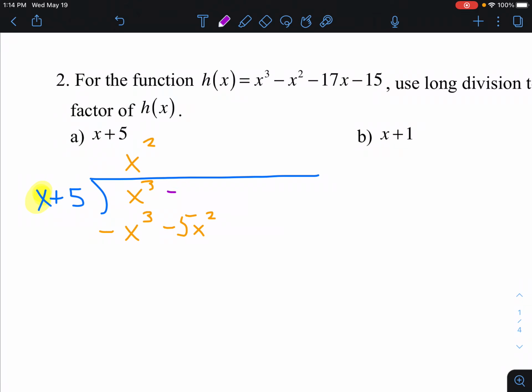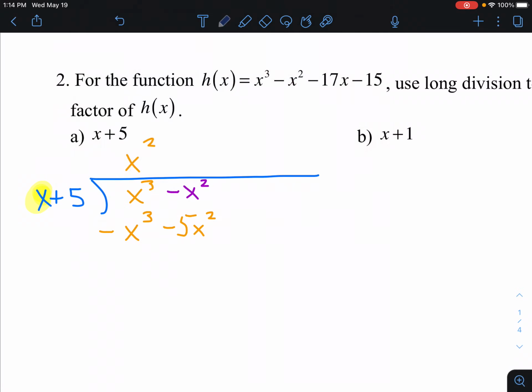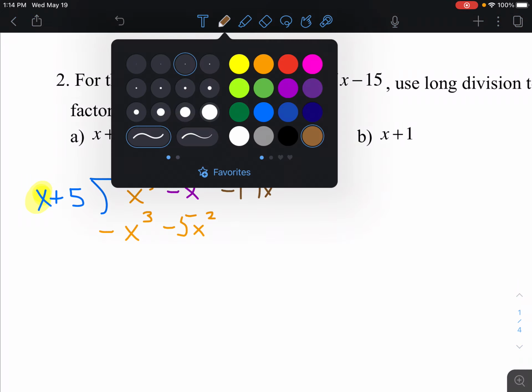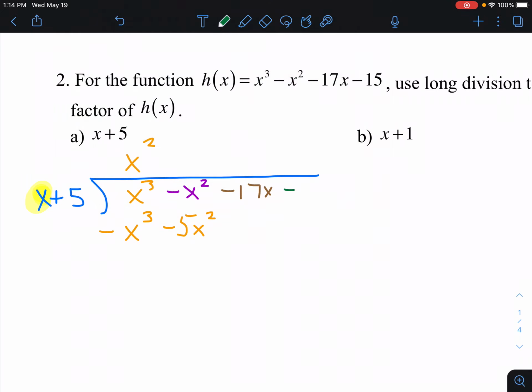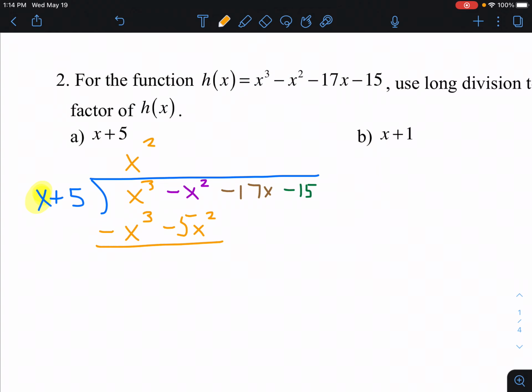Now I am going to bring down my next terms here. Bear with me here. I'm trying to color code to make it a little nicer for you guys. So when we subtract, the first term's just going to cancel.